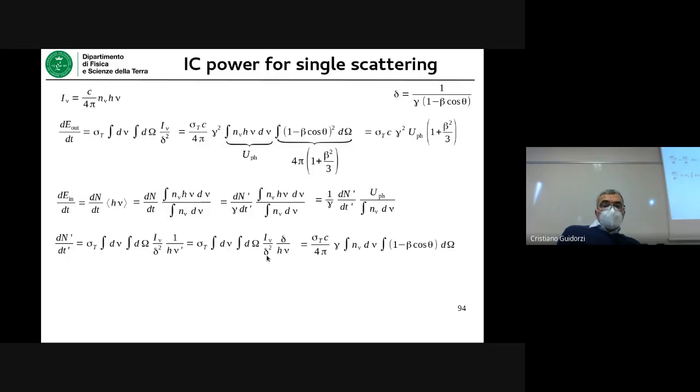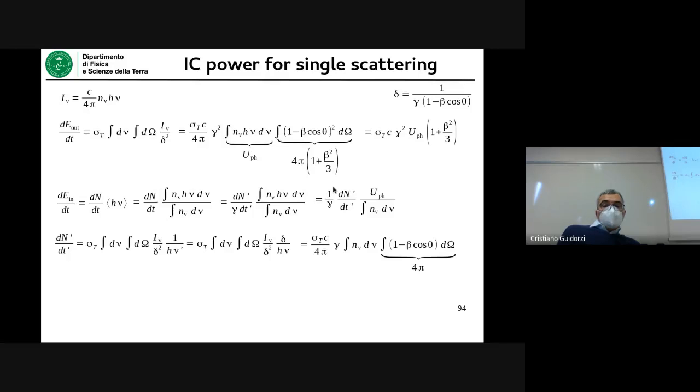But 1 over delta is essentially the same quantity that we ended up with here, except that we no longer have h nu, because we had h nu at the denominator, and instead of 1 over delta squared, as in the previous case, we have 1 over delta. So instead of gamma squared, we have gamma, and instead of 1 minus beta cos theta squared, we have just 1 minus beta cos theta. The rest is just the same.